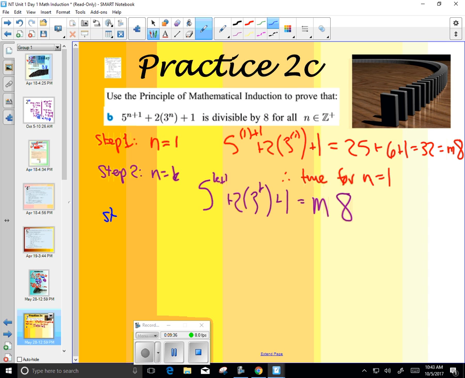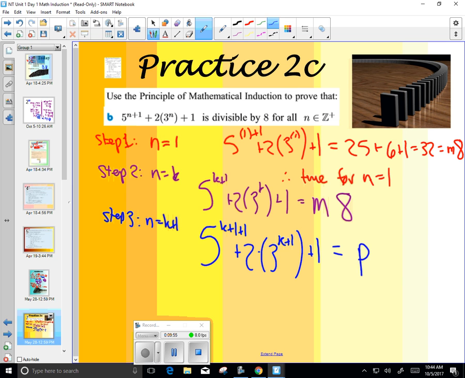And you have step 3. So 5 to the k plus 1 plus 1, 2 times 3 to the k plus 1 plus 1 is going to be a new multiple. Oh, let's call it p times 8.